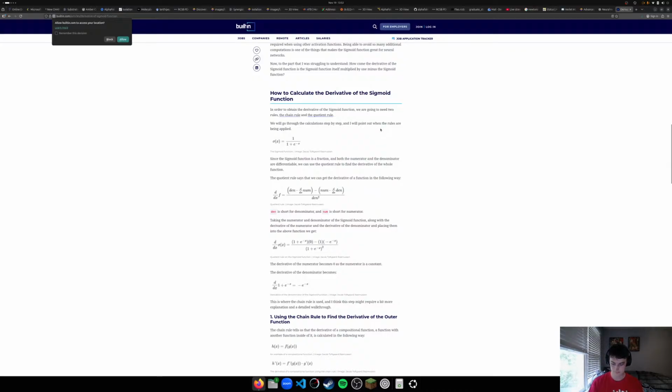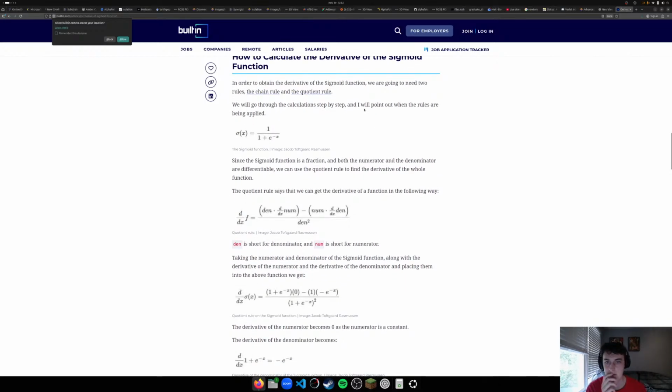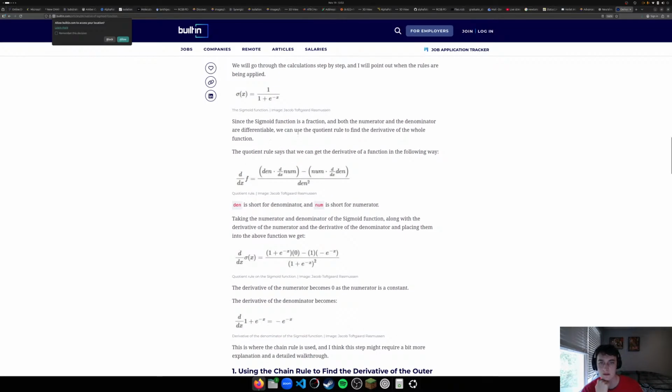There we go. Chain rule and the quotient rule. We'll go through the calculation steps and decide which rules are applied. It's a fraction, but the numerator and denominator are differentiable. We can use the quotient rule to find the derivative of the whole function.